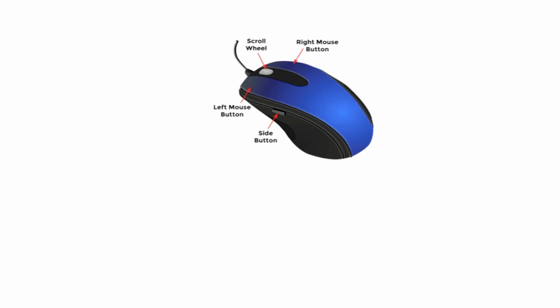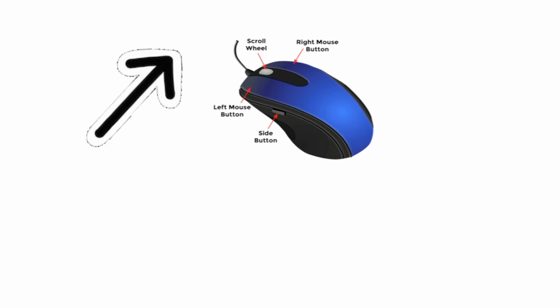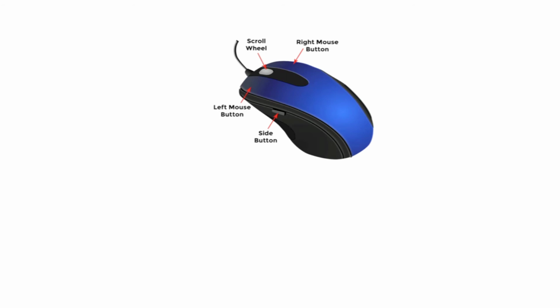When we move the mouse, a pointer moves accordingly on the screen. Now you can see the mouse has a right button and a left button. At the left corner there is a side button, which is rarely found in newer kinds of mouse, and at the center there is a scroll wheel.